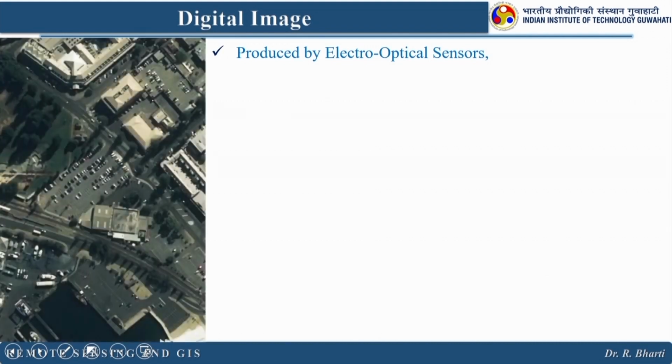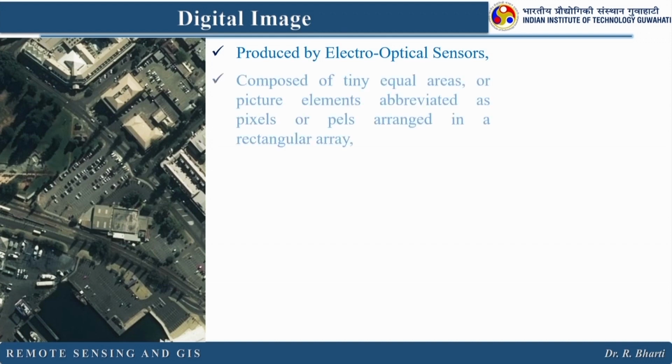You can see one example here. Through your mobile phone you might have captured many images or selfies. If you zoom into those images, you will find that there are small rectangular arrays.